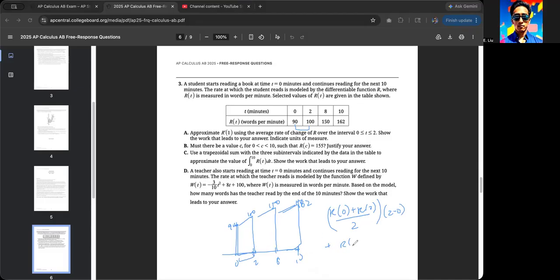Add that to R of 2 plus R of 8 divided by 2 times 8 minus 2, which is the width here. And then the last one, R of 8 plus R of 10 over 2, because it's a trapezoid again, times 10 minus 8. Add those together, and that's your trapezoidal sum for this function.